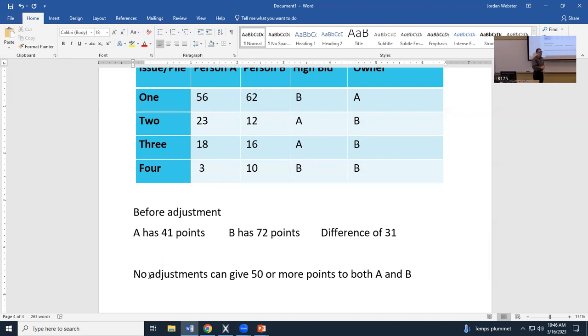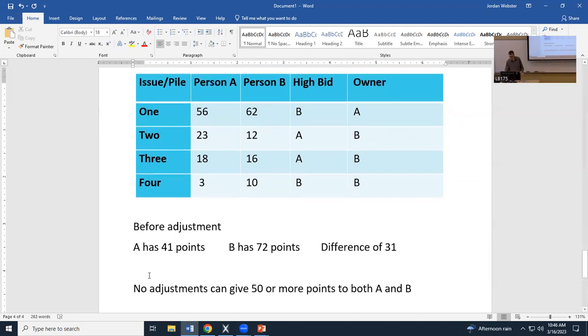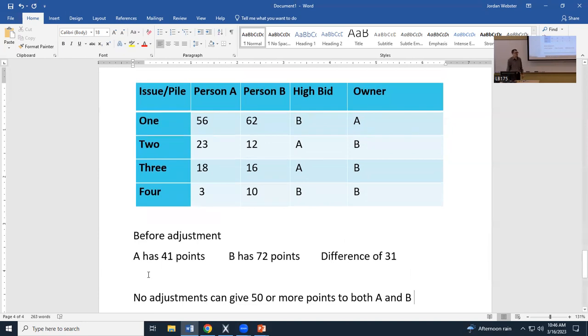All right? And that's because A and B thought so highly of whatever is in pile number 1. And this is the biggest flaw of the adjusted winning procedure.